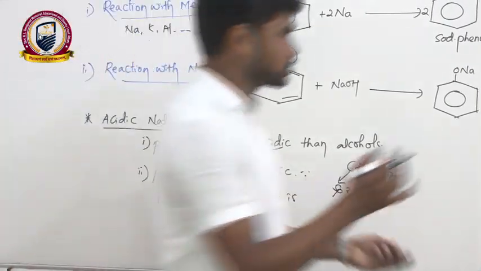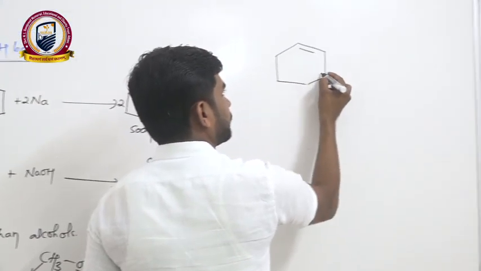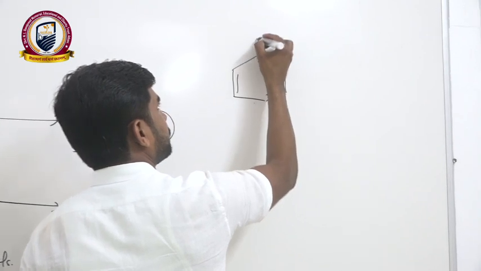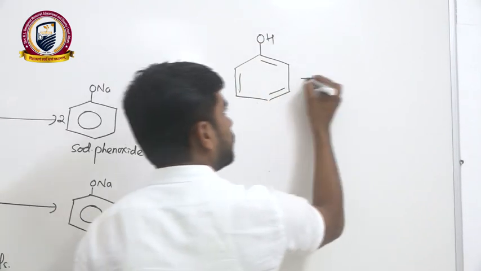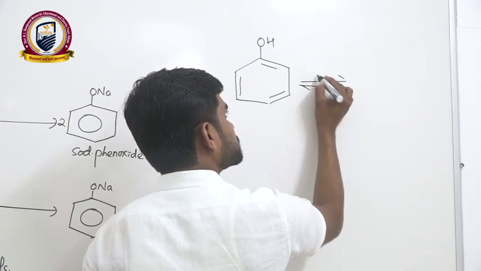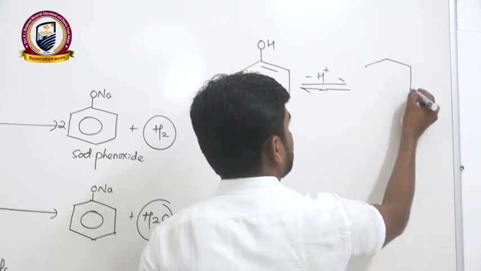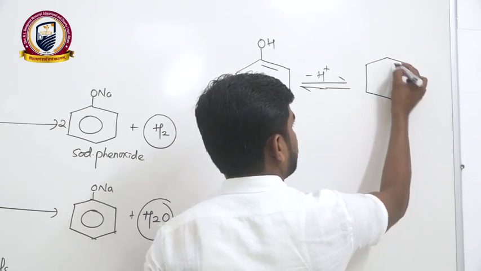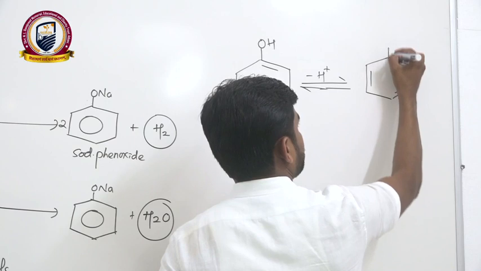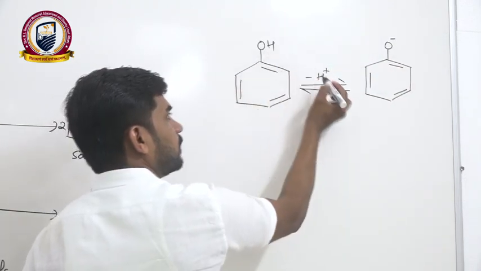So that stability we can show here. This is phenol. Elimination of a proton, H plus, is removed, and the formation of phenoxide ion takes place. So it becomes O minus, because we are removing the H plus ion.